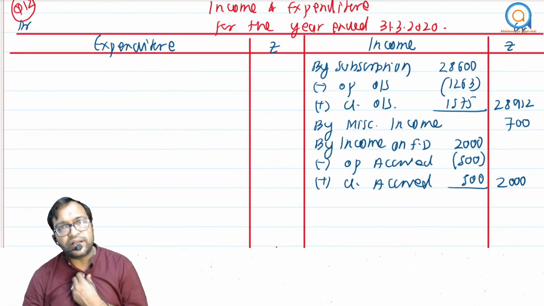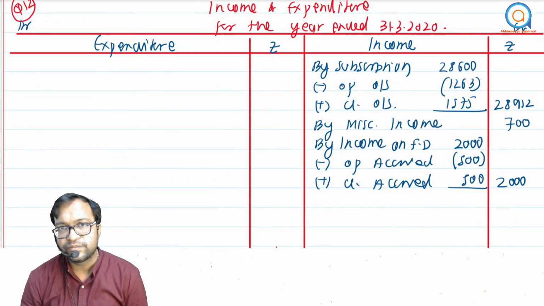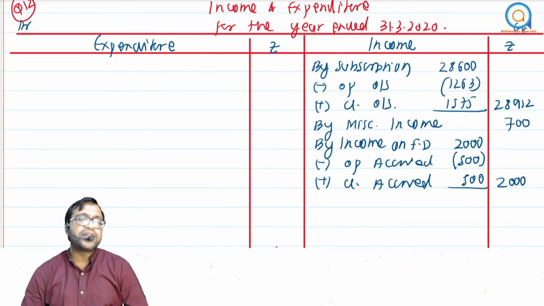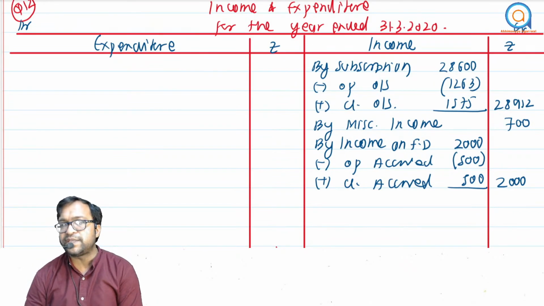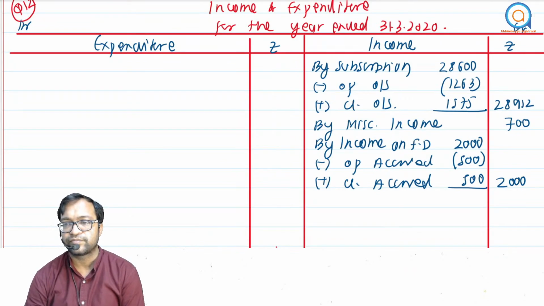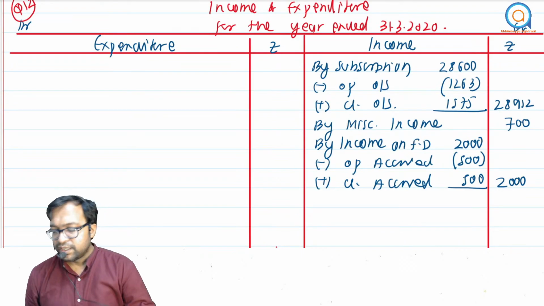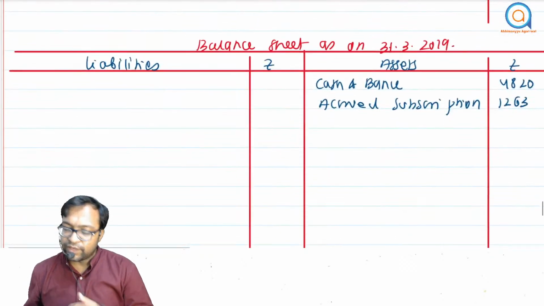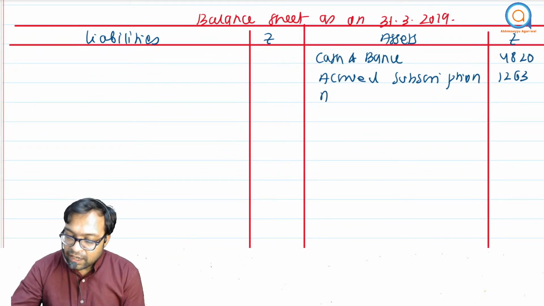But accrued interest is your asset. It should come on the asset side of balance sheet. Opening balance will come in opening balance sheet and closing balance will come in closing balance sheet. Correct? So let me go and write in opening balance sheet. I am writing accrued interest 500.